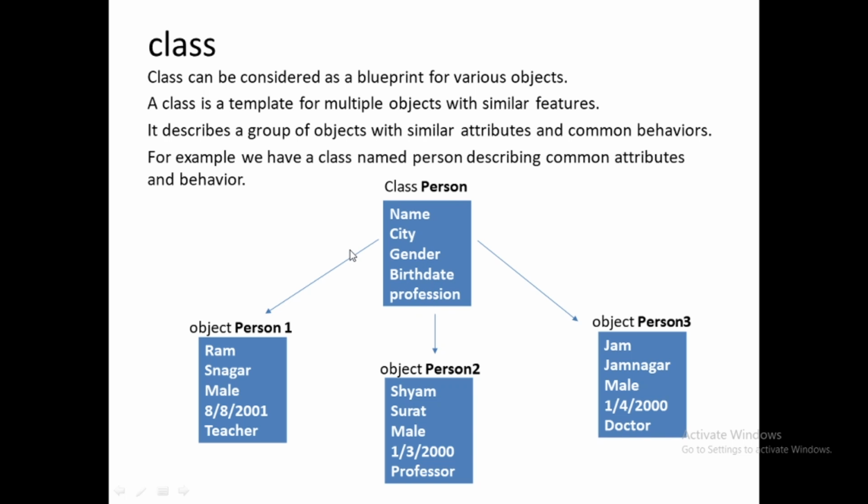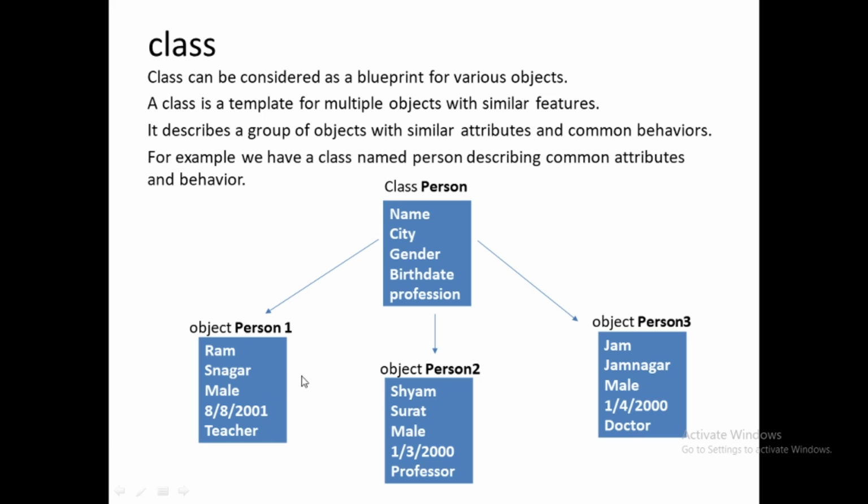Here we have not taken any methods, remember. So now here you can see object person 1 is given. The values of various properties of person 1 are given: Ram, Surendranagar, male, birth date is given, and then profession is given.